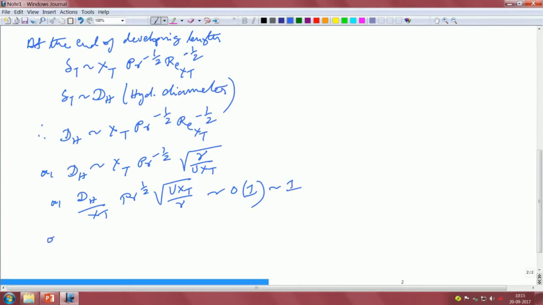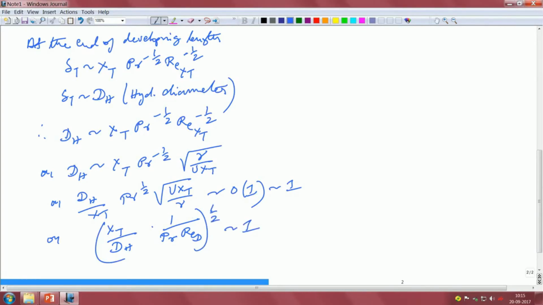Now, if you convert this Reynolds number to use the diameter as the relevant length scale, then x T by dH into 1 over Prandtl number, Reynolds number d, to the power of half, is proportional to 1.